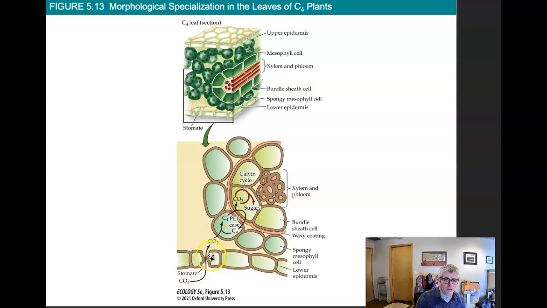So this allows the plants to open up the stomate, say at night or when temperatures are cooler, bring in a fair amount of carbon dioxide without losing a lot of water through transpiration, and then the Calvin-Benson cycle can operate and not have that leak of water.